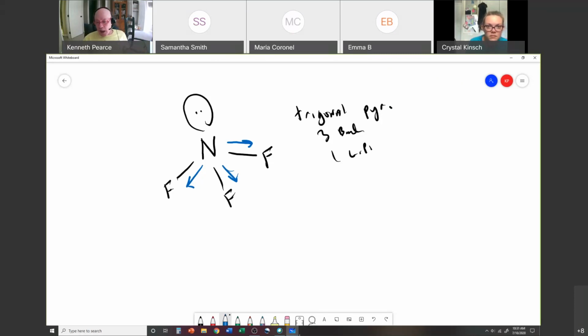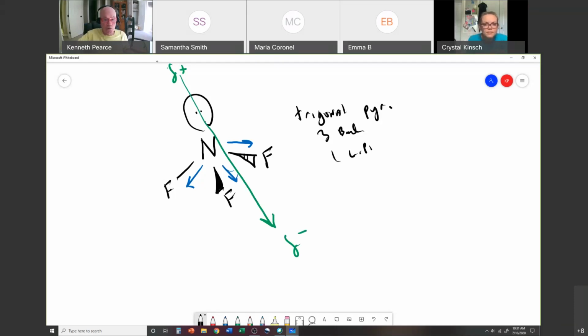Which direction are they adding up to? Well, they're certainly not balancing out. They're generally pulling down the middle of the axis this way. And so if you have a negative on one end, you've got a positive on the other end. So it's actually going down the middle between those fluorines. The fluorines being, let's make this a little bit more three-dimensional. These would be like poking out of the board.